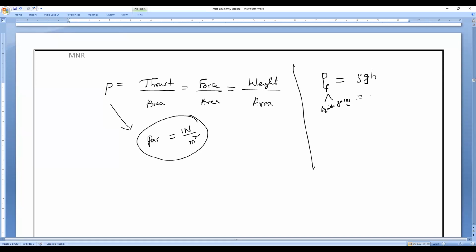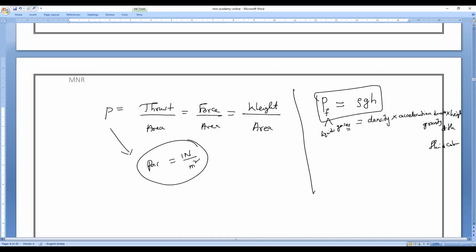Rho means density of the liquid or fluid, g means acceleration due to gravity, and h means height of the liquid column or fluid column. So pressure exerted by liquid is rho g h.